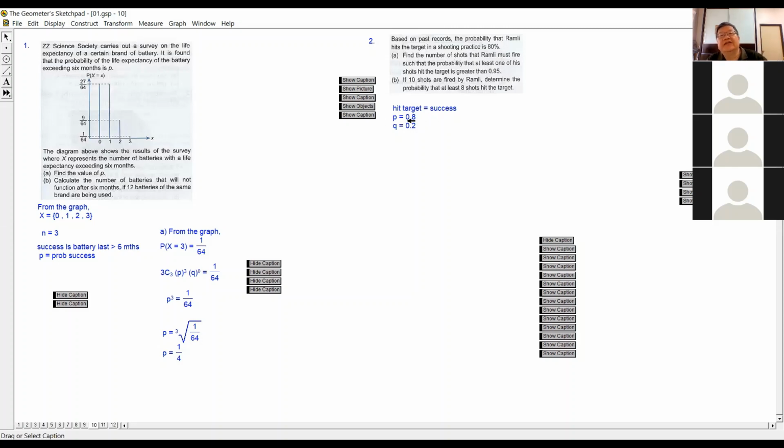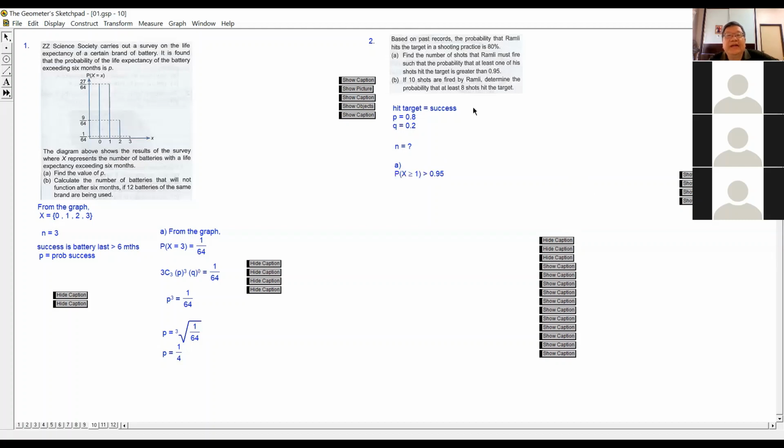The probability of failure, that means didn't hit the target, is 1 minus 0.8, that is 0.2. So this is given. Okay, what else is given? What is not given is how many shots, how many times must he shoot.